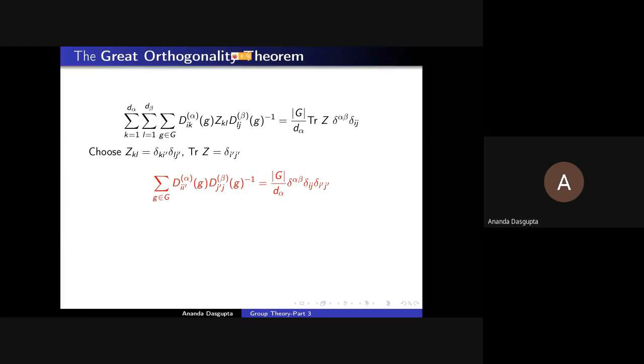In a finite group, you will have a certain number of irreducible representations. We will soon be able to figure out how many. And what you have done is you have labeled the irreducible representations d1, d2, d3, and so on. This round bracket alpha on top is just a label for an irreducible representation.